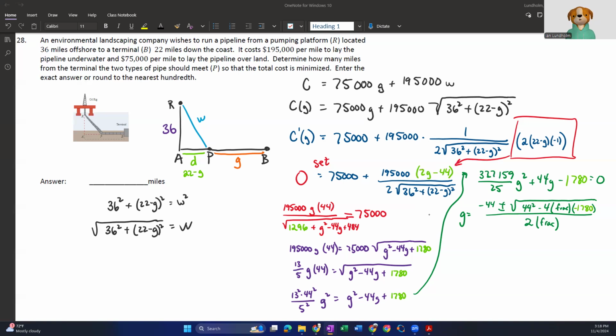And if we wanted to cancel top and bottom, we could cancel a factor of 2 with a factor of 2 here so that it's g minus 22 on top. It's not g times 44. That's ridiculous. Okay, that was wrong.